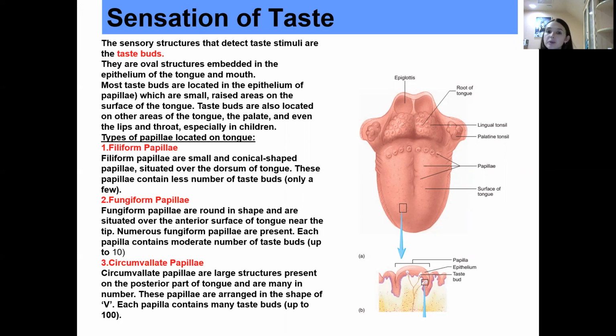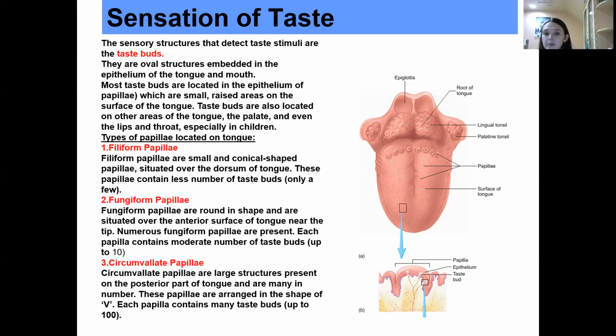There are several types of papillae located on the tongue. The filiform papillae are small and conical shaped, situated over the dorsum of the tongue, and contain a small number of taste buds. Fungiform papillae are round-shaped and are situated on the anterior surface of the tongue, near the tip.